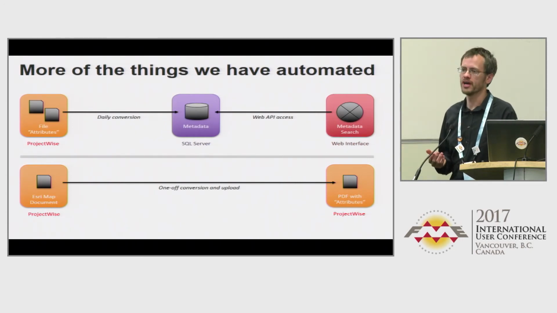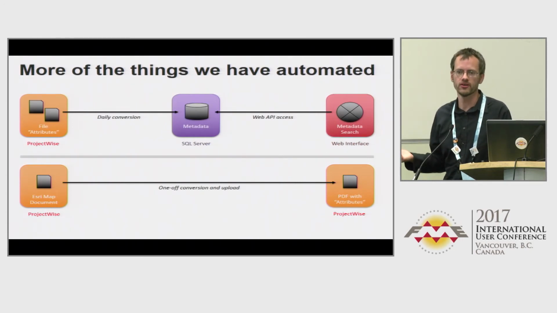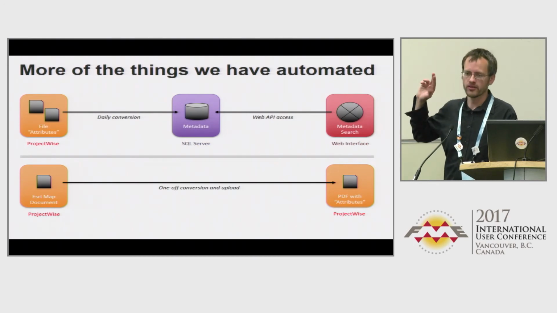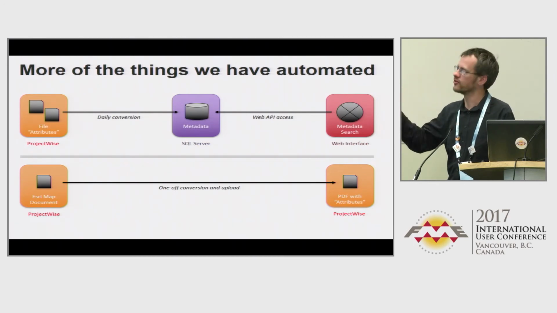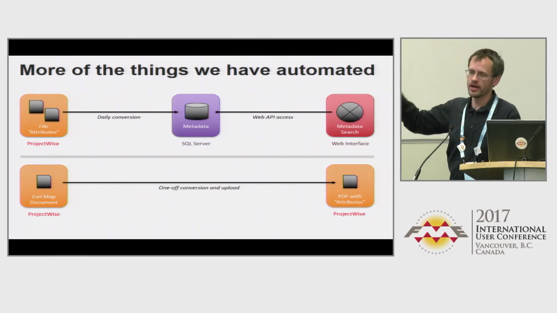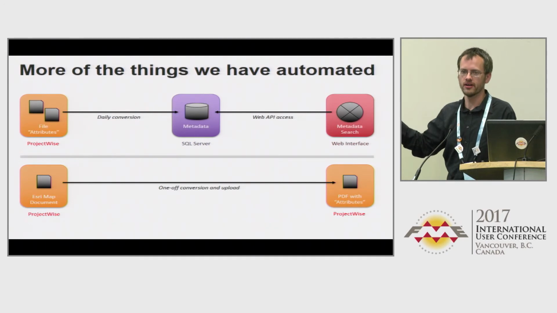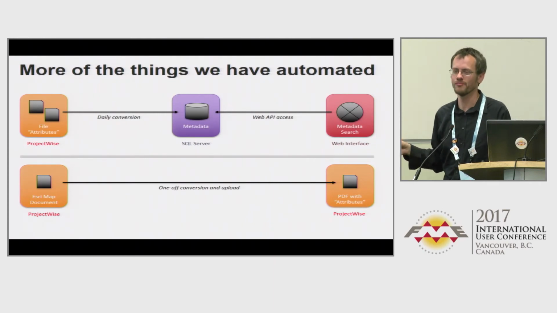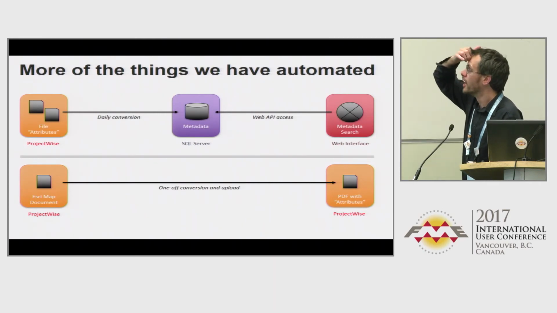And so they're pulling back things like when the file was last updated and stuff like that. And they're pulling together a little web interface so that you can search that, and they've got an API so that you can look at that kind of information really easily. That is not out-of-the-box behavior in either the FME stuff that we've put together or the ProjectWise APIs. They've really gone under the hood with that one, but apparently it works quite well.